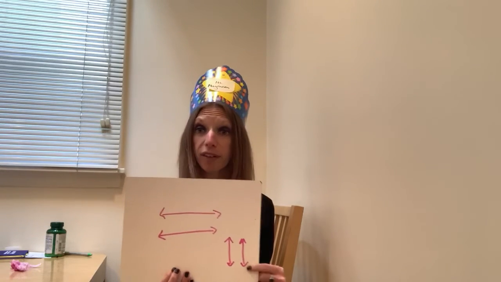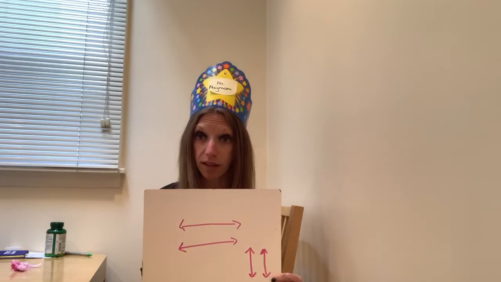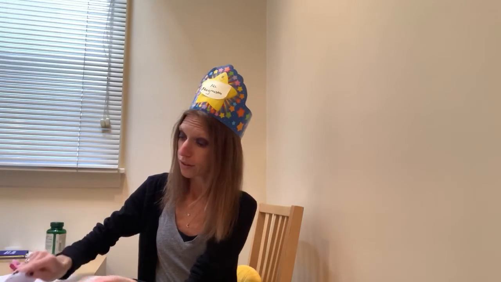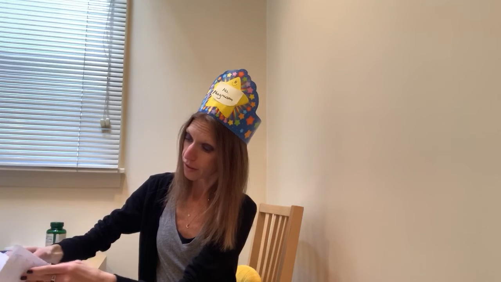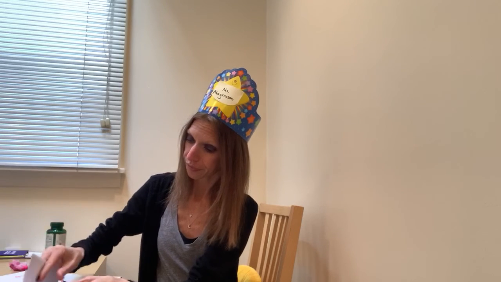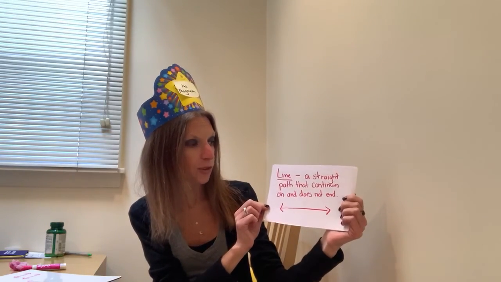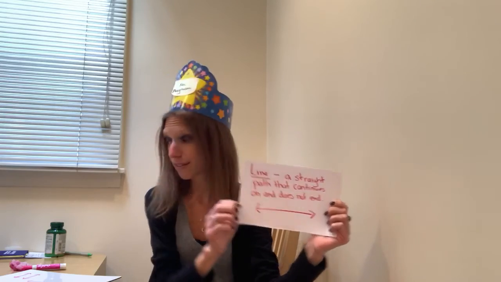It doesn't matter as long as they don't cross or intersect. Now remember, like I said before, when I ask you to draw lines, you must do them with the arrow, because remember, a line is a straight path that continues on and does not end.